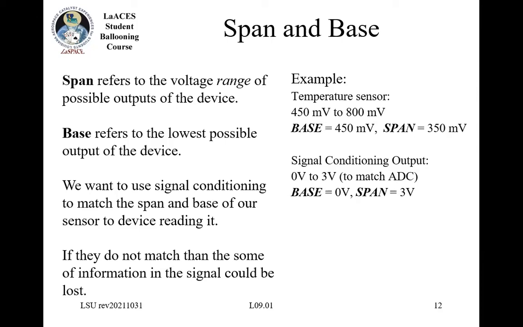Pretty easy in this case. We want to get these to match so that we can use that entire range of an ADC. And also, you can see if the signal of the temperature sensor got higher than our reading circuitry, we could possibly damage it. Best case scenario, it would just sort of cap out and we wouldn't be able to see the changes above and below that range.